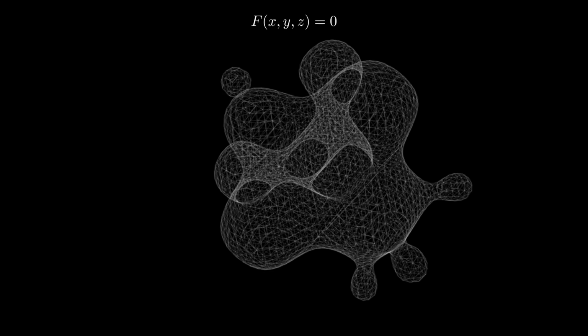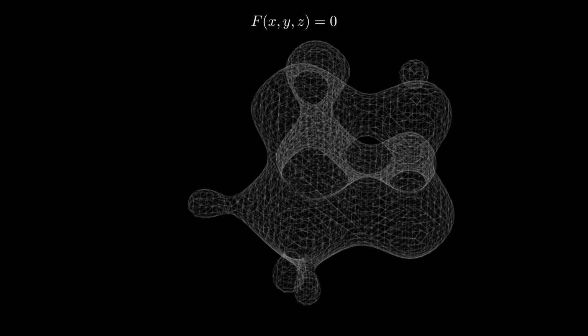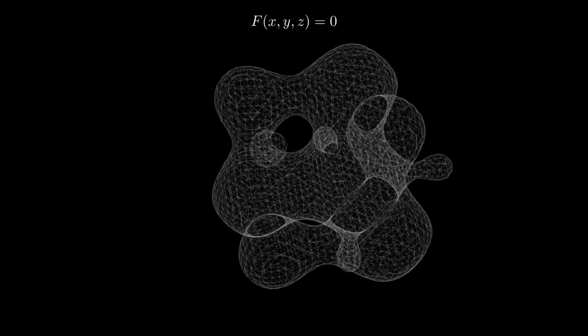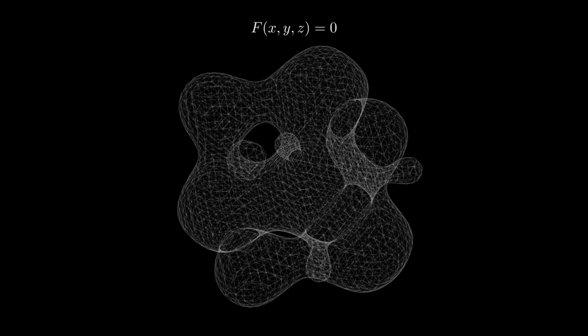Here I have my surface, and here's how it looks in 3D, because yes, it's a three-dimensional surface. Now let's say that on this surface we luckily find some point, the point x0.